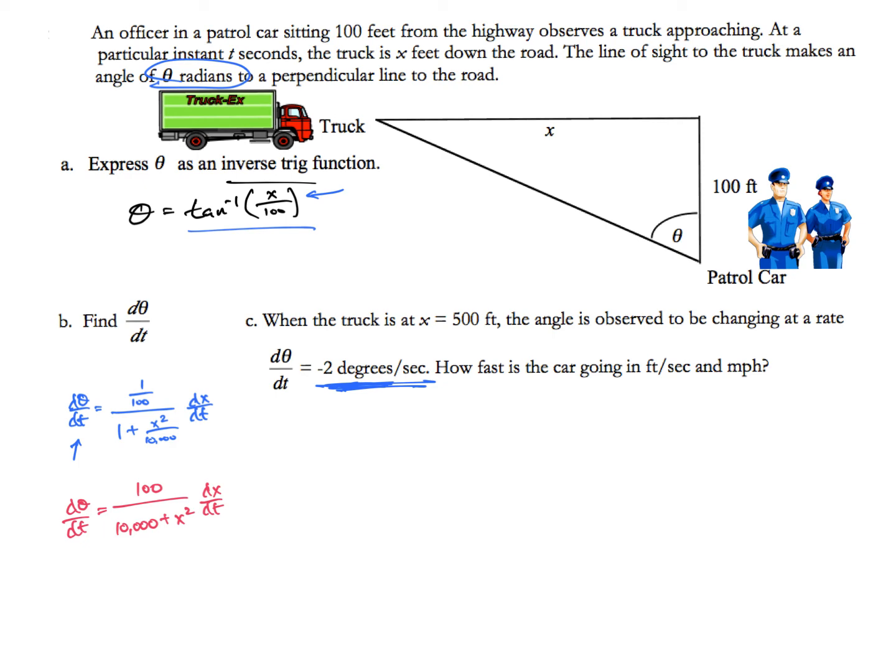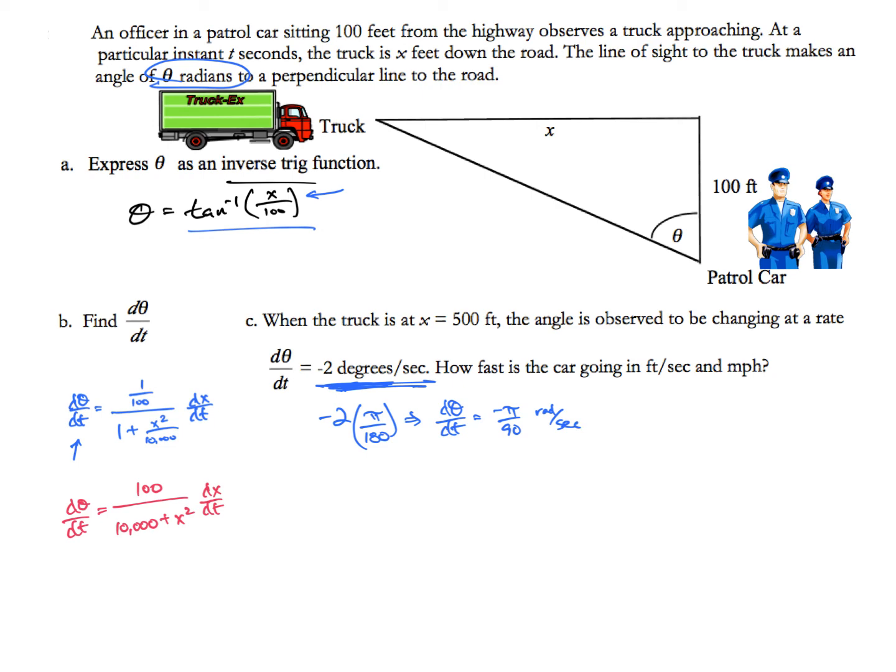So guess what we need to do to convert degrees to radians? How do we convert from degrees to radians? We multiply by what? Pi over 180. So we multiply negative 2 by pi over 180. So then we'd end up with what? Negative pi over 90. So d theta dt is equal to negative pi over 90 radians per second.